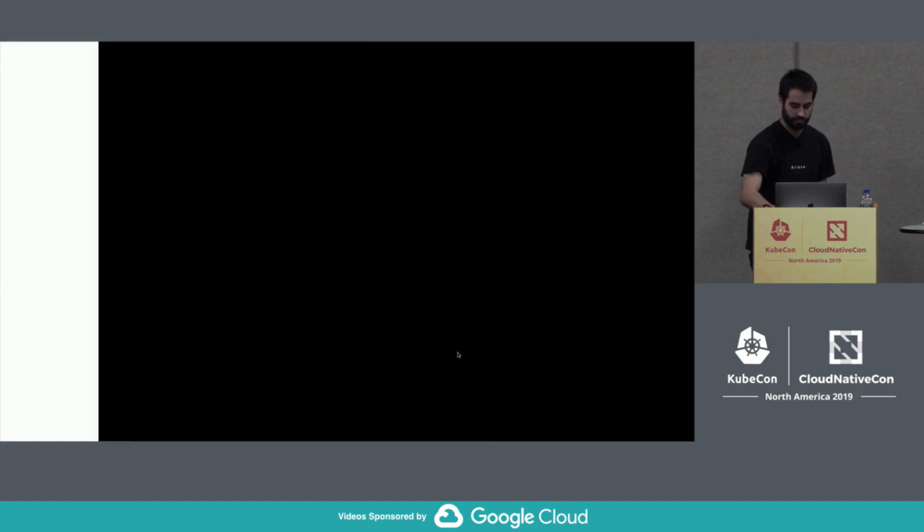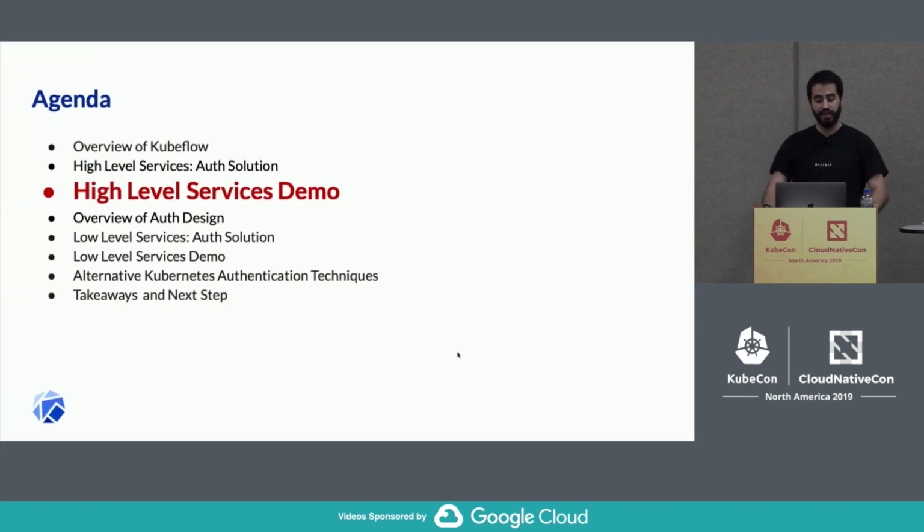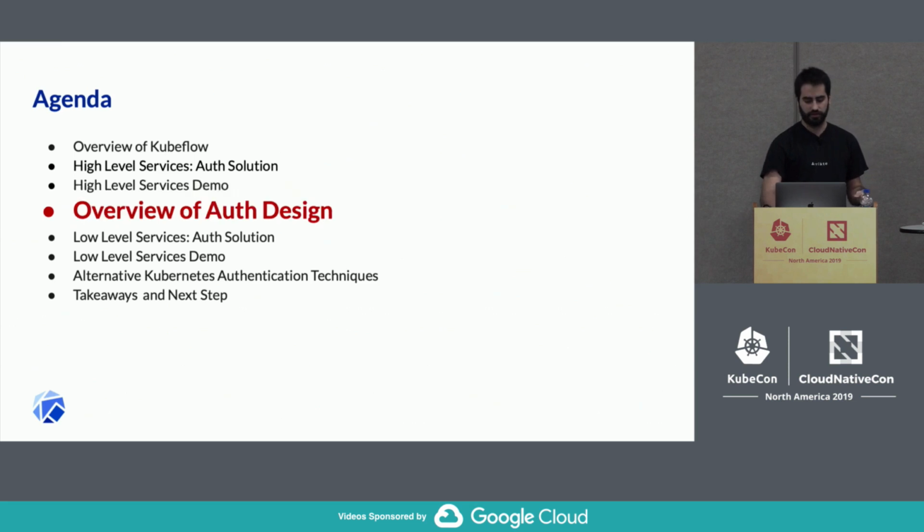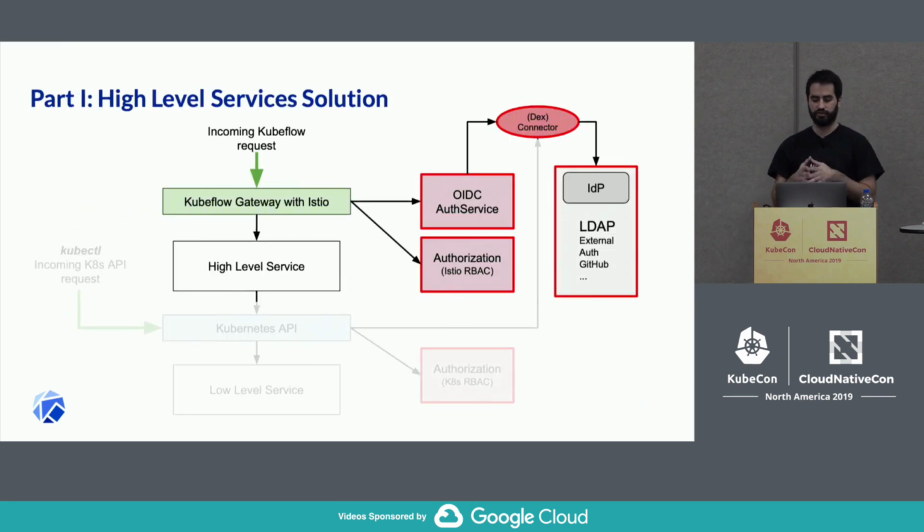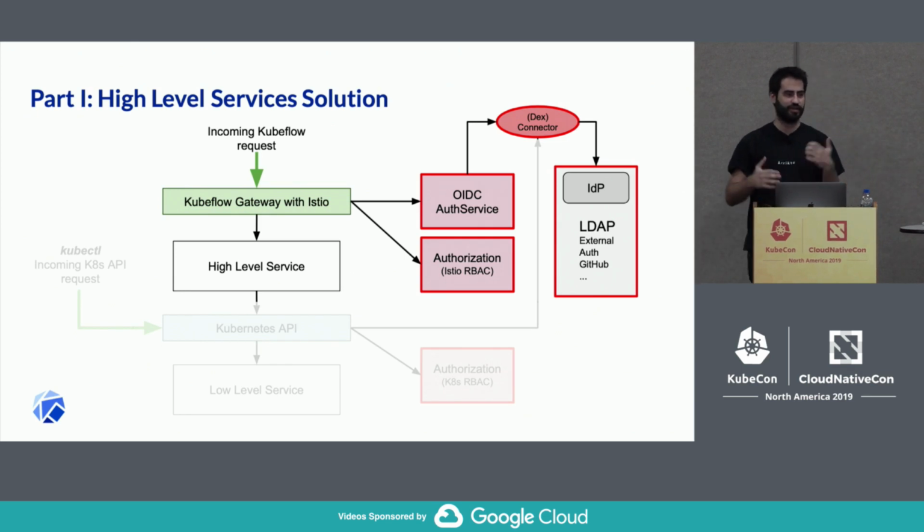So let me actually go back to the presentation. And OK, so we showed what this actually looks like from a user perspective. Let's see an overview of where we're at. So this is what we showed. We showed authentication and authorization of the high-level service, the web UIs in Kubeflow.